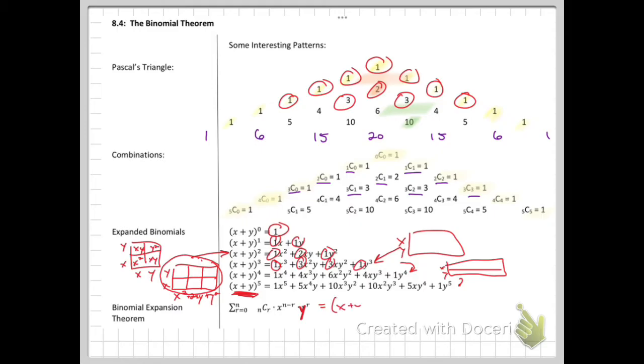So x plus y to the nth power will be, you'll always do nCr first to get the coefficient, but then you have to do whatever's right here to the n minus r power, and then whatever's right here to the r power. And I'm going to show you, obviously, in a bunch of examples in a second.